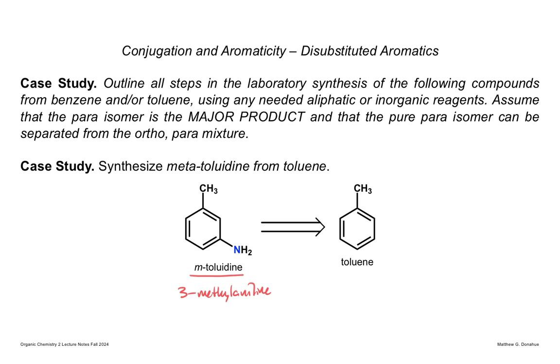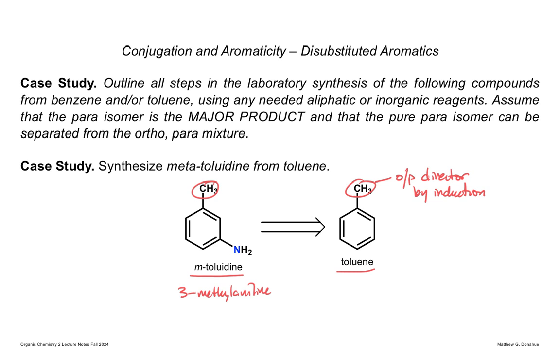And again, a lot of this nomenclature uses these common names still. We want to start with toluene. So the methyl group is already on there, so we don't have to worry about installing that. But now the issue here is this is an ortho-para director by induction.